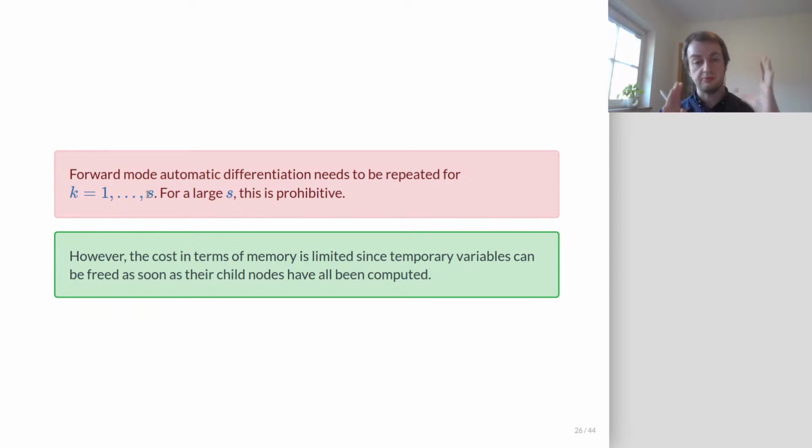And so in terms of memory budget, this can be quite interesting because you don't have to store all these temporary variables. Just basically keep a fringe of temporary variables that you need because they are still connected to variables for which you have not yet computed these Jacobians, but as soon as you've computed them, you can remove them from memory.